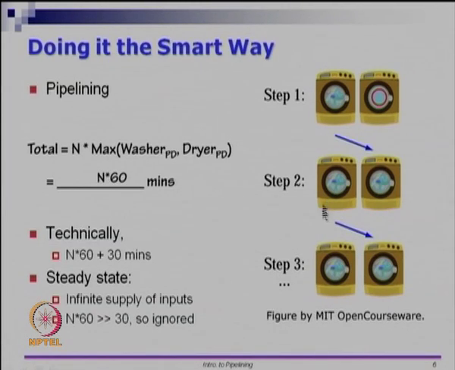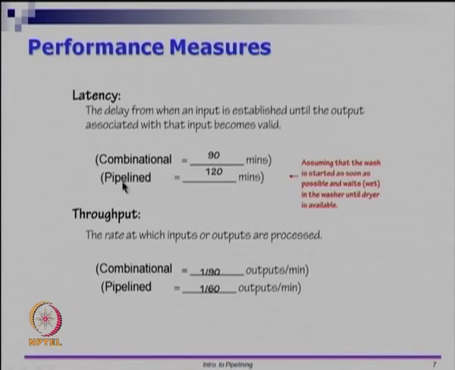When I have done that, this wash will actually get over in 30 minutes itself, but we are waiting for another 30 minutes so that the dryer is ready. So, I have already spent 60 minutes in some sense, 30 minutes for washing and 30 minutes for waiting for the dryer, and then another 60 minutes for drying. So, which means the latency in the pipeline setup requires 120 minutes.